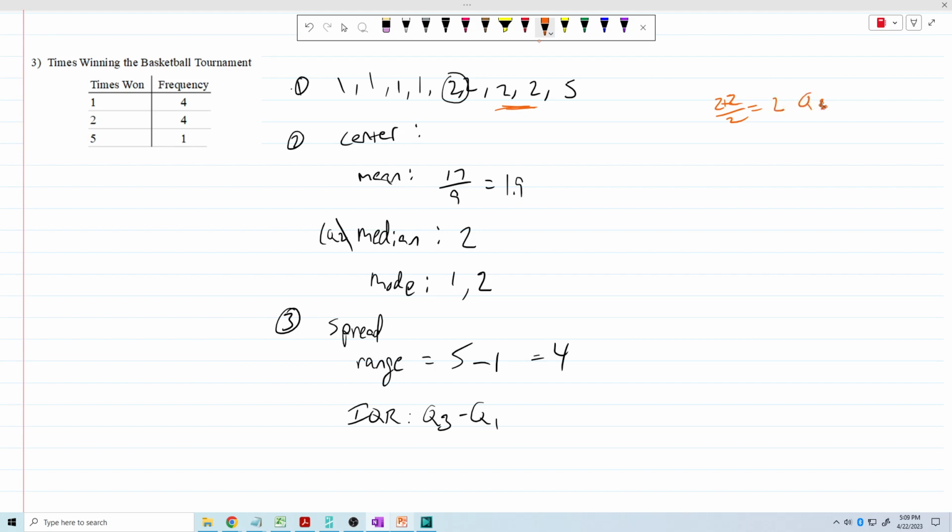So that's Q3. I got 1, 2, 3, 4. So I got to take the average of these. So 1 plus 1 divided by 2 equals 1. And that is Q1. So 2 minus 1 equals 1. That's our interquartile range, guys.